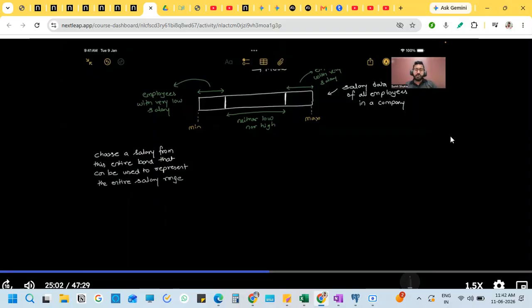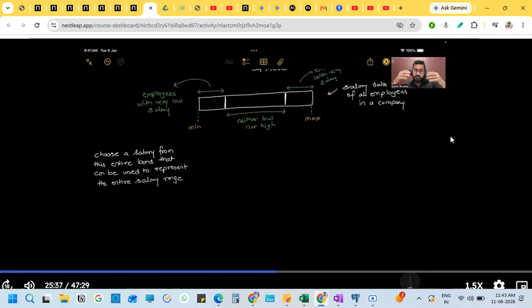In simpler words, I'm asking you to choose a leader, but that leader will be representing the entire salary band. So let's say my salary is 10,000. Now if I need to explain the salary of this particular company, I will be using my salary. I'll be saying it is 10,000. So the typical salary is 10,000. That is what I will say.